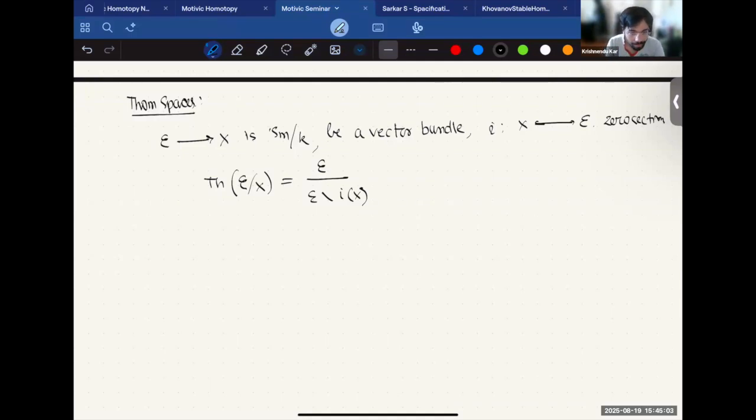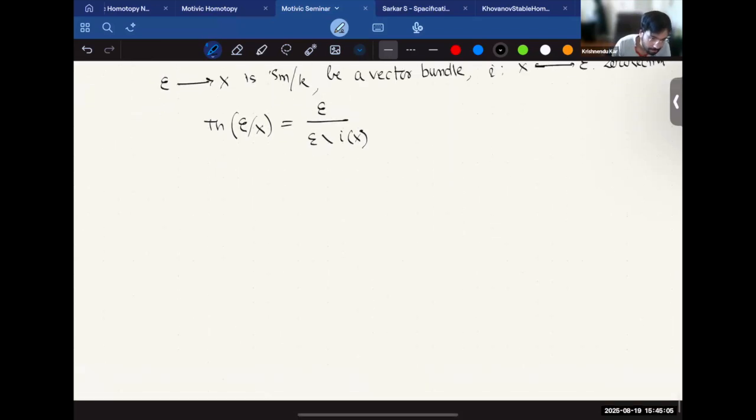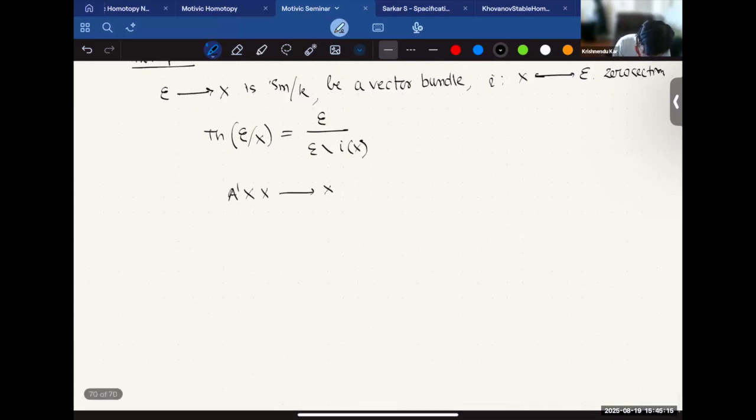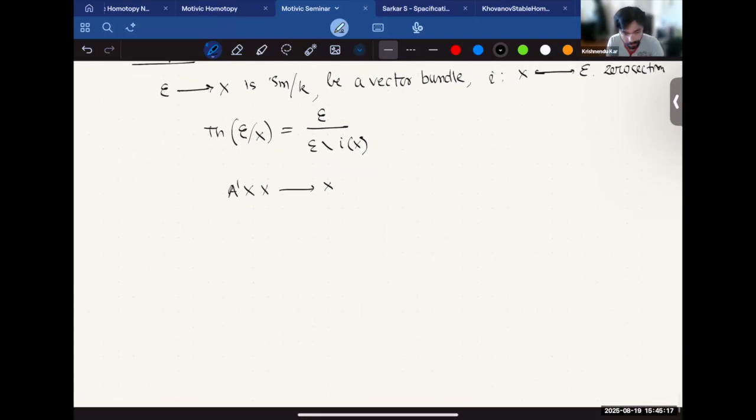And you can show that for a trivial bundle, your Thom space is a suspension with respect to the Tate sphere.